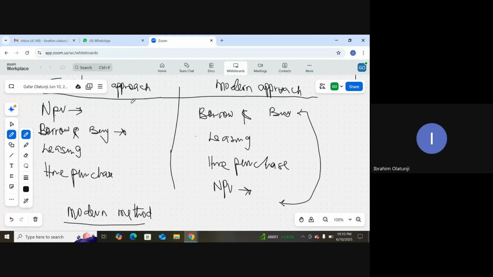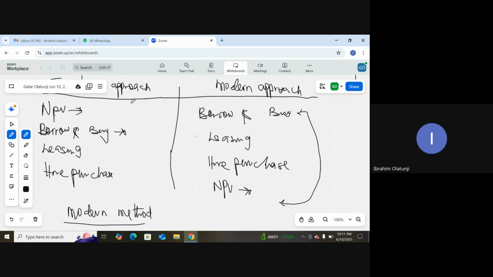If you remember, these are the things that I explained: you need initial outlay, you need cash profit, and you also need the tax on the taxable profits after you have deducted your capital allowance, because there is a cash profit.